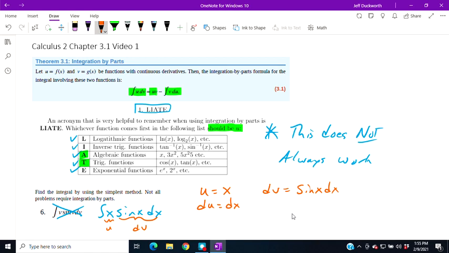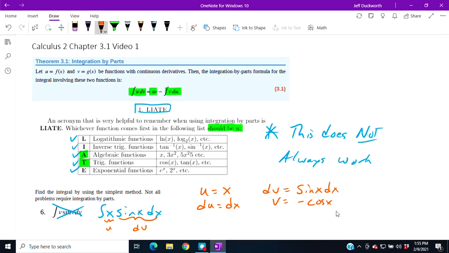And now we want to go from a dv to a v, so instead of taking the derivative here, we're doing the opposite, the inverse procedure. We're taking the integral. So the integral of sine of x is negative cosine of x. Again, if you take the derivative of cosine, you get negative sine. Negative times that would be just straight up sine.